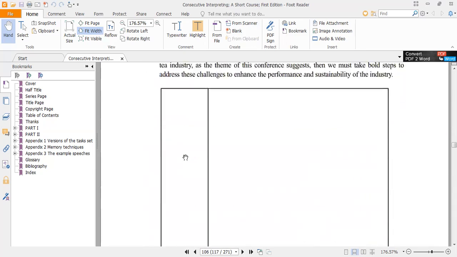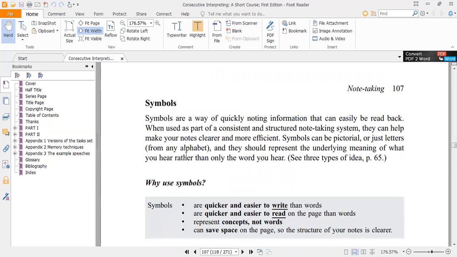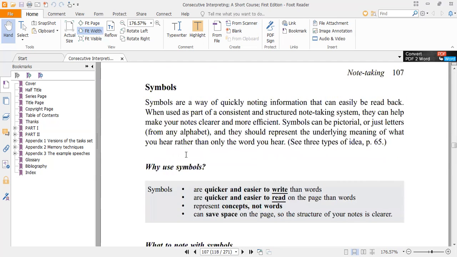Now let's move to symbols. Actually, symbols are very easy. It is an easy way to take and use in taking notes. This is why we use symbols. They are easier to take and easier to remember. So we have three or four main reasons.